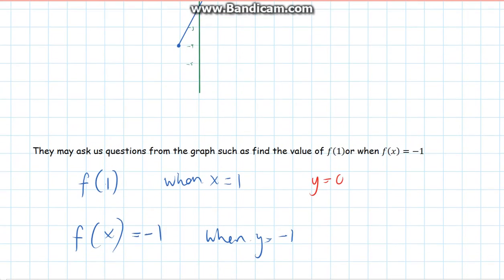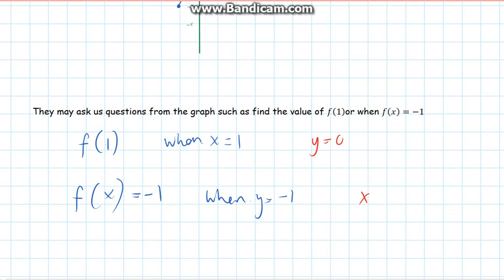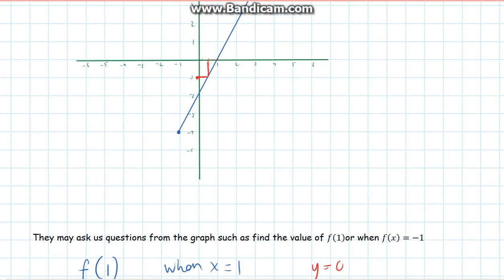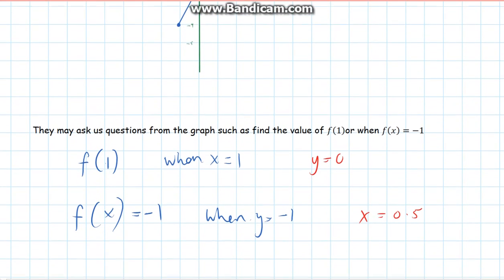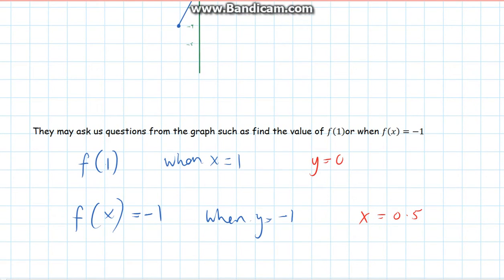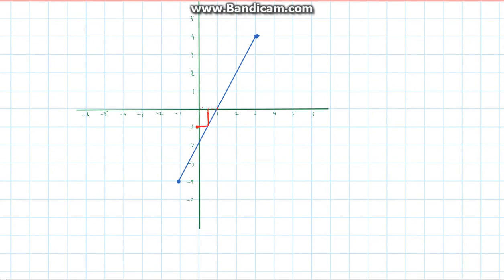I would say when y is equal to minus 1, x is equal to 0.5, approximately. Let me show you that again. When f of x is equal to minus 1, we know f of x means y. So when y is minus 1, they want to know what the value of x is. I go to minus 1 on my graph, read across until I hit the line I've just drawn, and then read up to the x-axis.